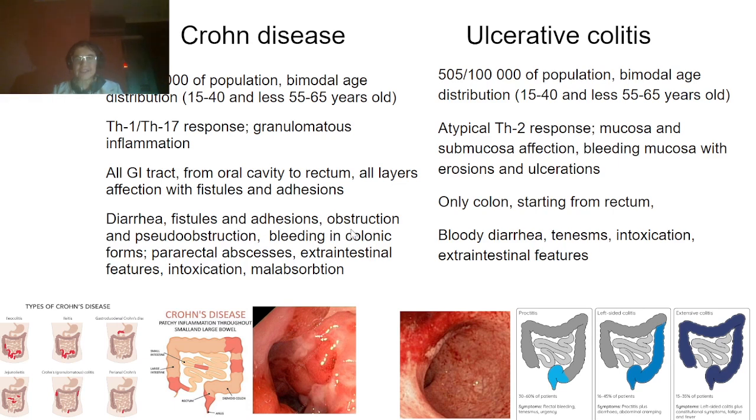Fistulas, adhesions, obstructions, pseudo-obstructions, pararectal abscesses, extraintestinal intoxication, and malabsorption. Typical is patchy inflammation throughout the bowels, for example the rectum, then just part of the descending colon, then the ileal zone, and so on. And there are different clinical forms like ileocolitis, ileitis, upper gastrointestinal Crohn's disease, perianal disease, and so on.